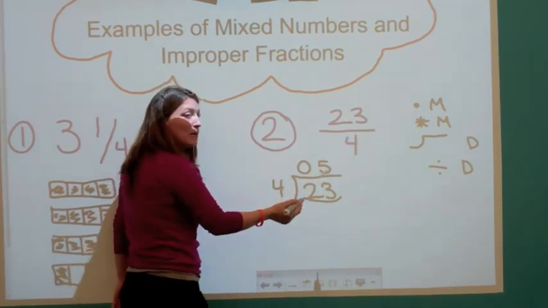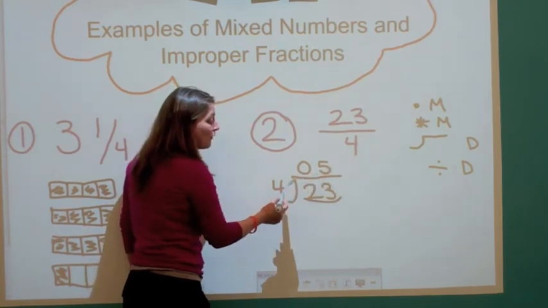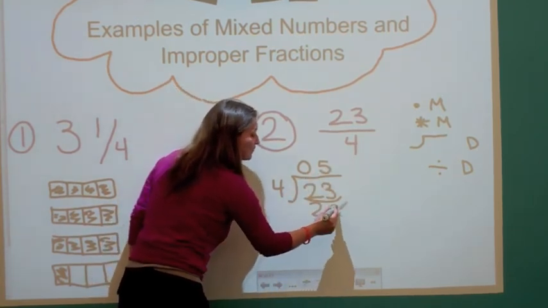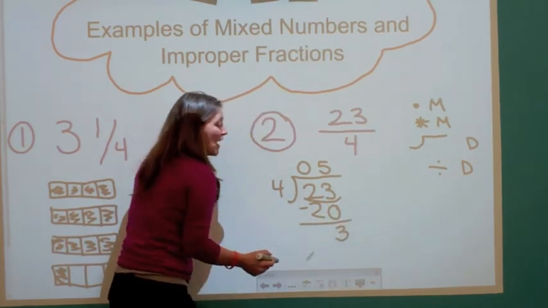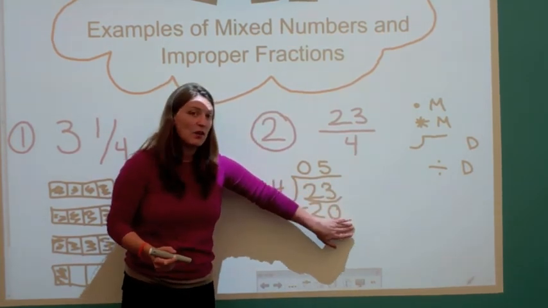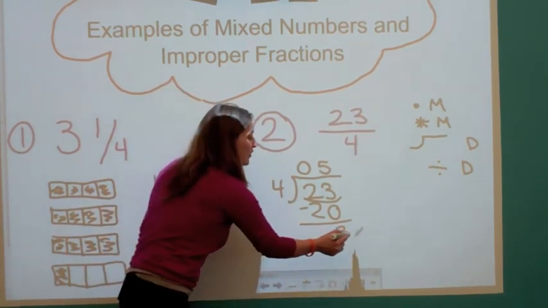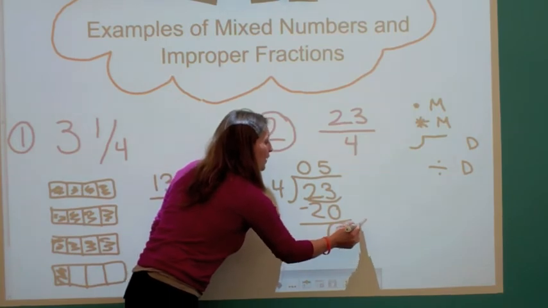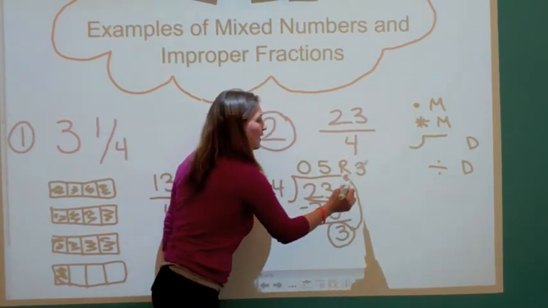Then my next step in my long division is multiplication. So 5 times 4 is 20. And then I subtract. I don't have any more to bring down, so that means 3 is my remainder. And I bring that up, and I put remainder 3.